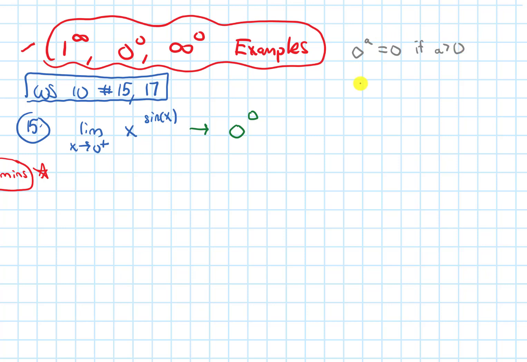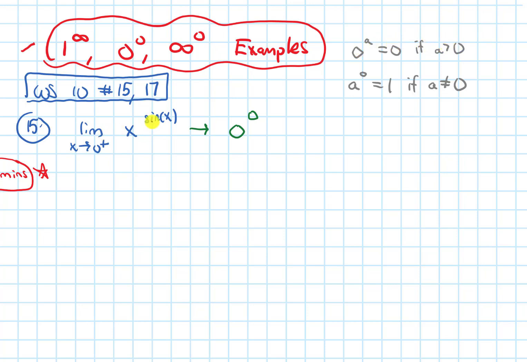Whereas if I have some other number in my base and my exponent is 0, this is 1, as long as that base is not equal to 0. So what's going on is, because we're taking a limit, the base is getting really close to 0. Seeing that makes me think that the whole thing should just be 0, as long as the exponent is positive.